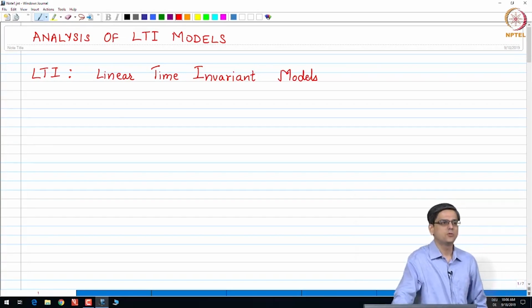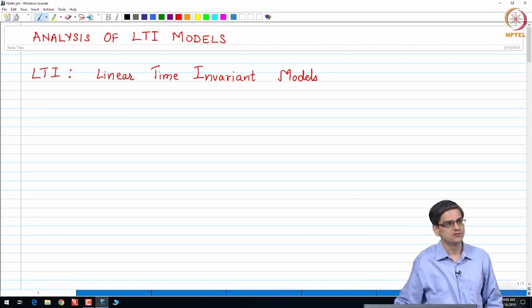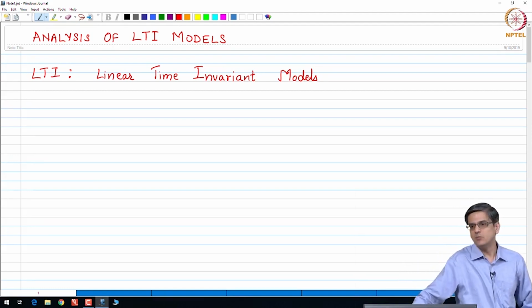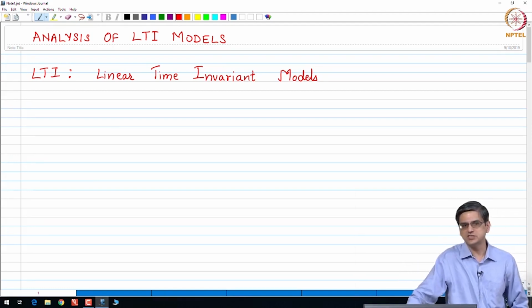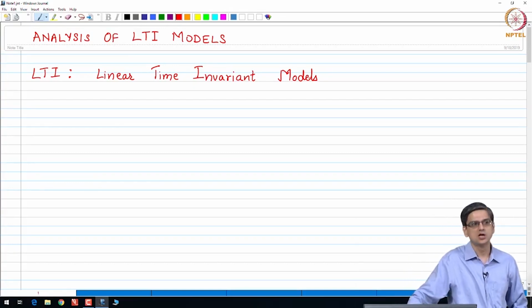Okay, all the models that we have basically covered so far, well, not all the models, we have also covered nonlinear models very briefly, but pretty much the last 3 weeks the models that we have been talking about, finite step response models, state space models, in the form that we had written them, come under the LTI models. Okay.